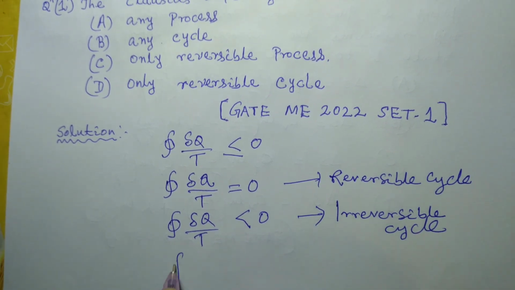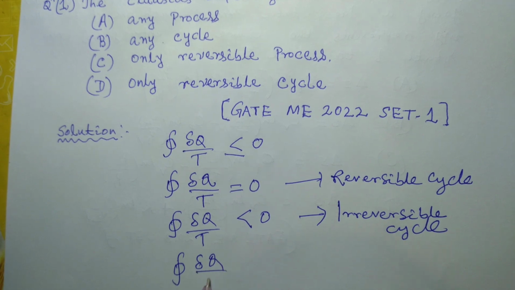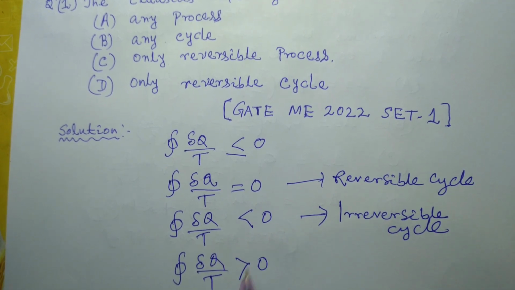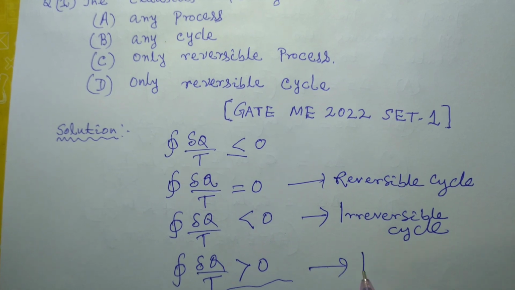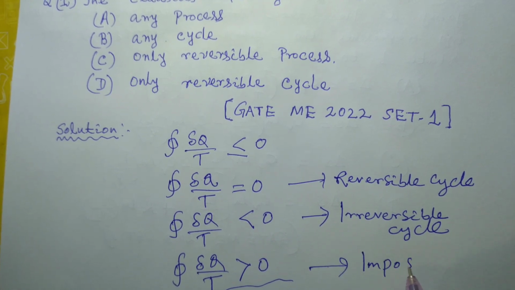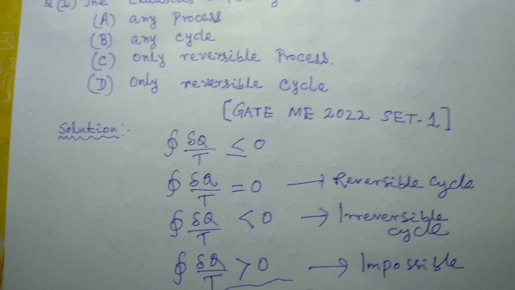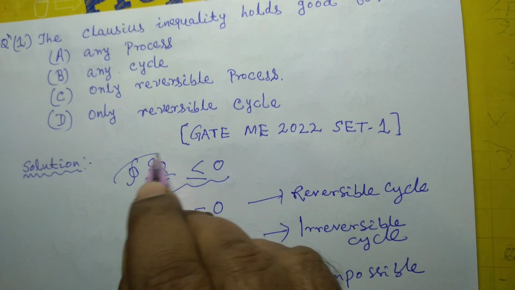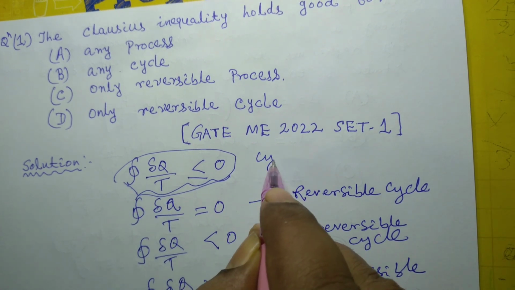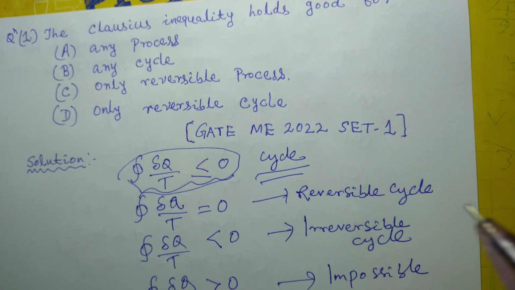And cyclic integral of del q by T cannot be greater than 0. If it is greater than 0, this is not possible. So you can say this is impossible for any cycle. And this inequality is valid for any cycle, both reversible and irreversible.